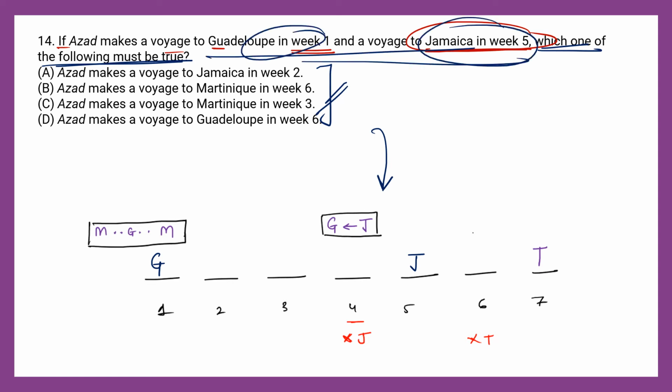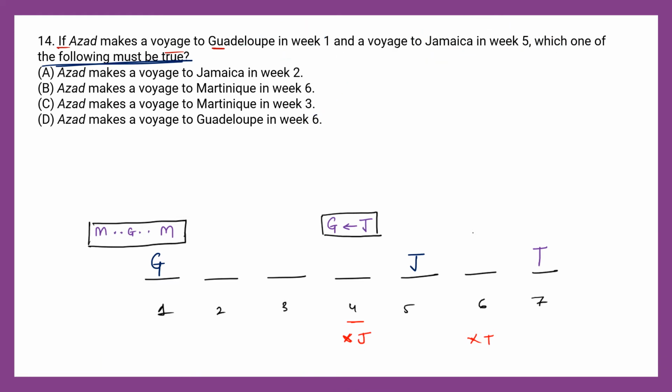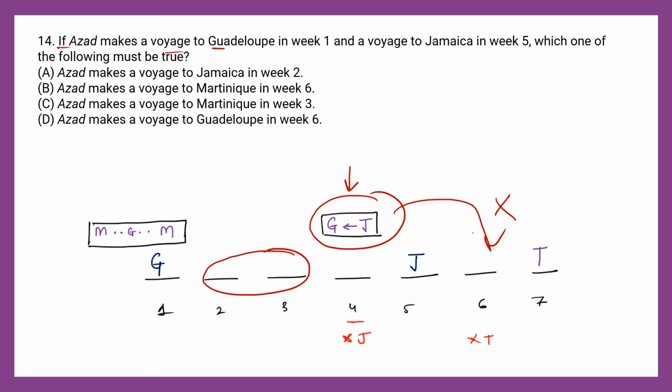Now, let's look at this diagram here. Let's just focus on the diagram and then we'll look at the options once we're done with that. So, you know that you need to have this GJ cluster, so to speak, this group somewhere in between. That cannot be here. It has to be either here, or you can put the G here, or you can put the J here.